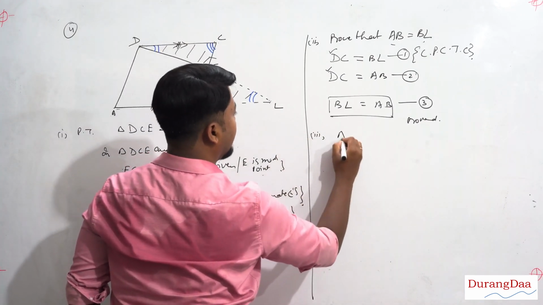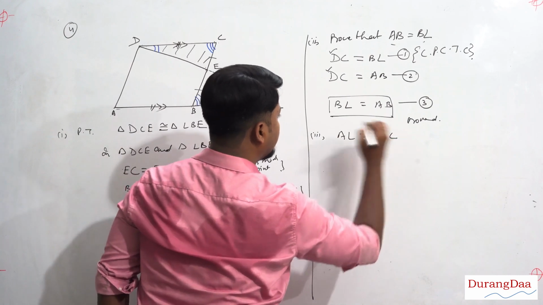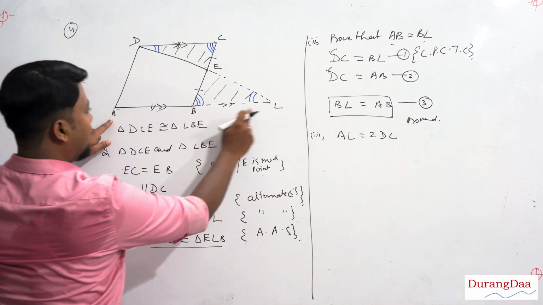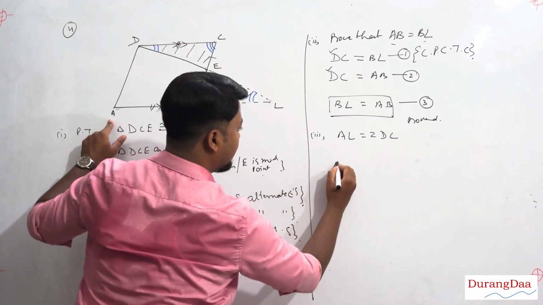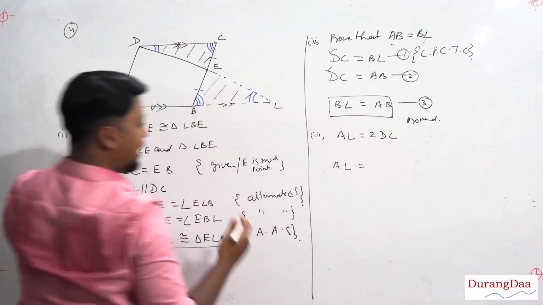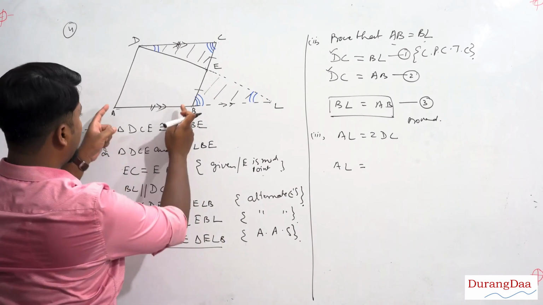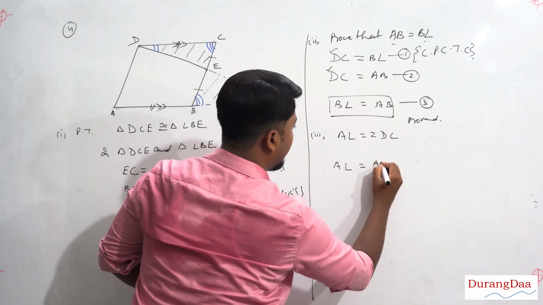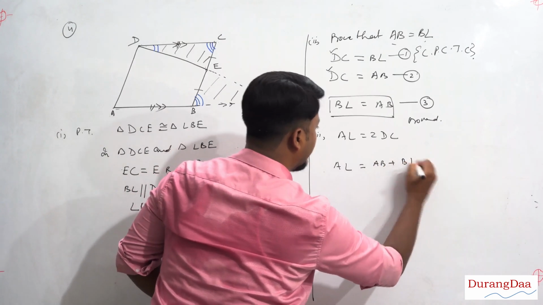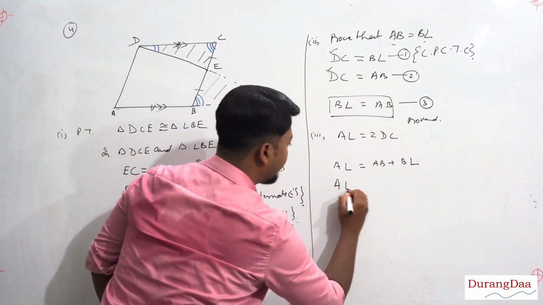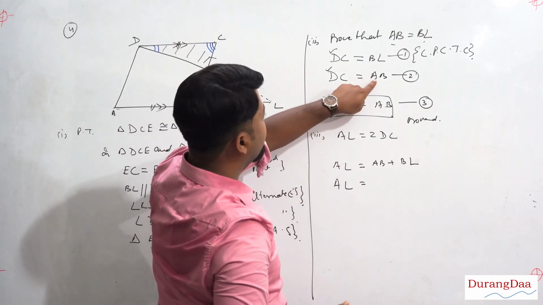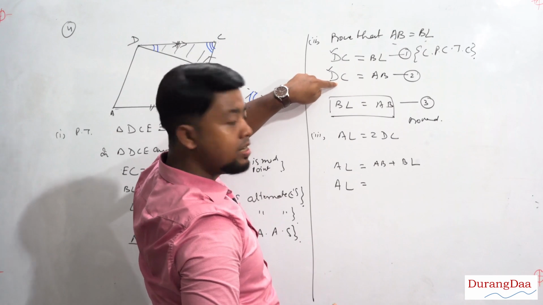Third part, we have to prove that AL equals 2DC. How to do that? Where is AL? This is line AL. So, I am writing here AL. AL can also be written as the sum of AB and BL. So, I am writing it here, AB plus BL. Now look carefully, the value of AB from equation number 2 is DC.